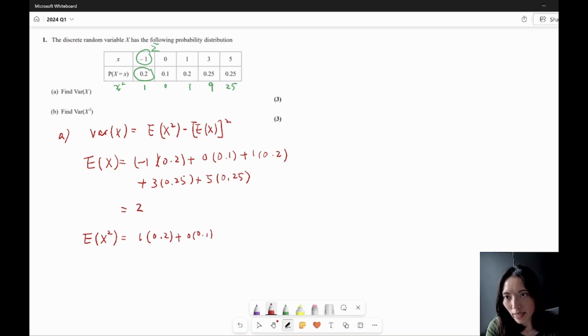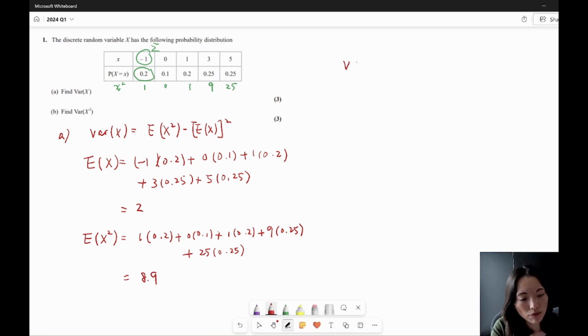It's always useful to write out all of these terms, even though you know there's a 0 term there, so that you make sure you get the points for your calculation. And this is 1 times 0.2 plus 9 times 0.25 plus 25 times 0.25. And this gives us 8.9.